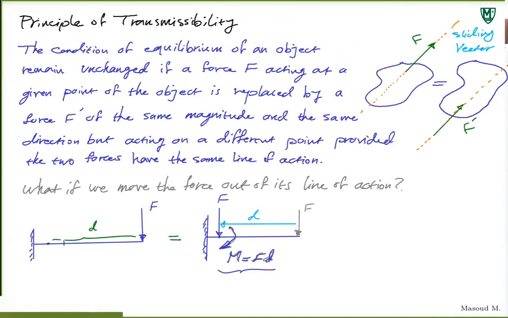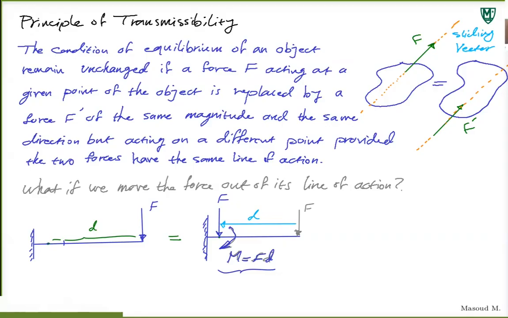Remember, going back, this is the idea. We're talking about the principle of transmissibility, and we said the principle of transmissibility is something we cannot prove. It's just based on experience. If the force is moved along its line of action, don't worry about it. You can move a force along its line of action without being worried about making any alteration in your system.